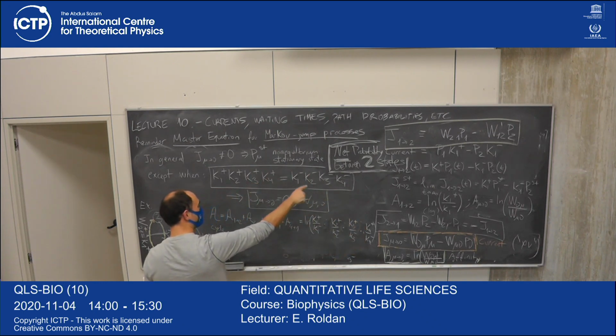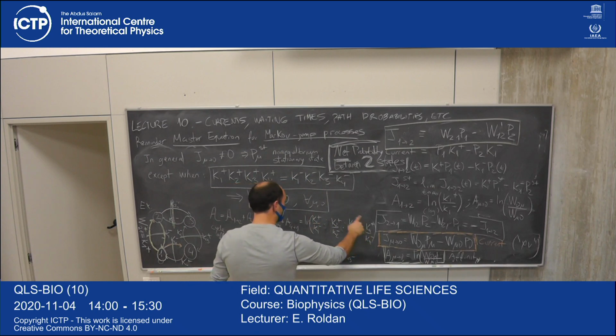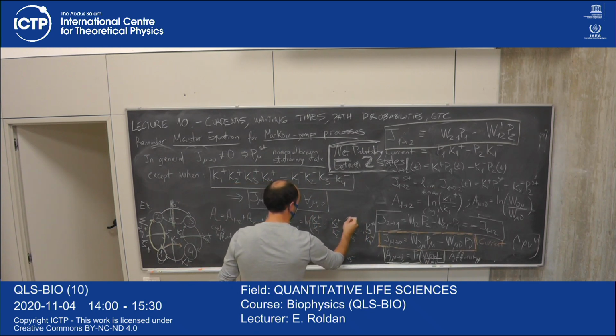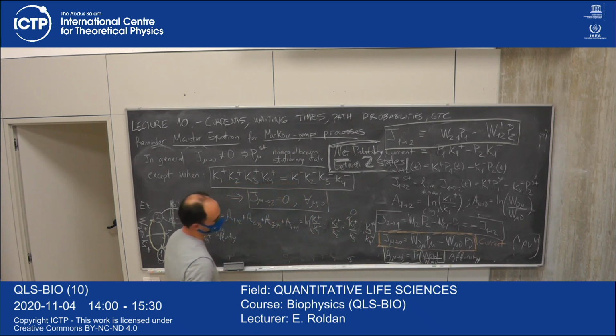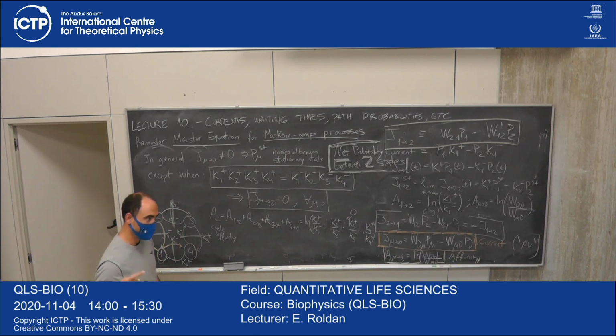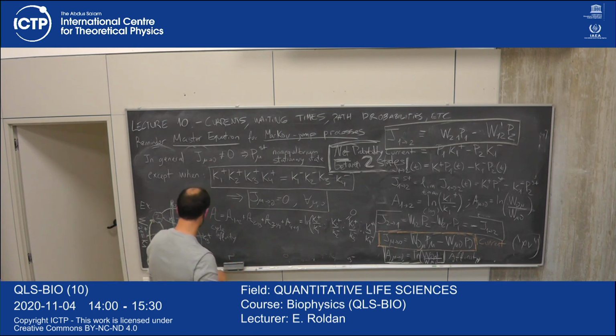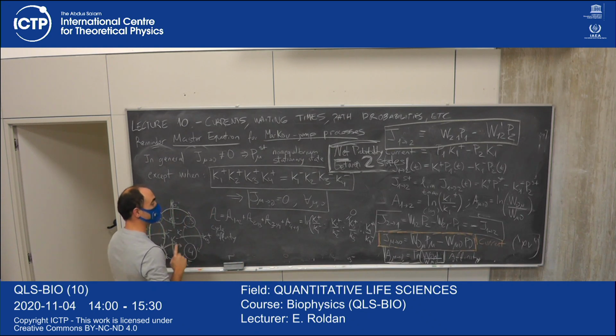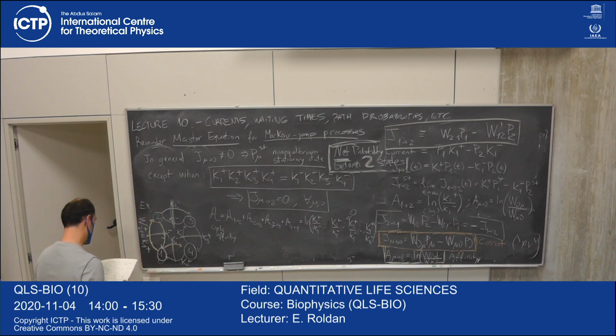When you have this condition, this is 1, and the log of 1 is 0. So what you get in this condition is that the cycle has 0 affinity. So there is no bias in one direction or in the other. This is a very, very precise condition. And in general, you won't have this.